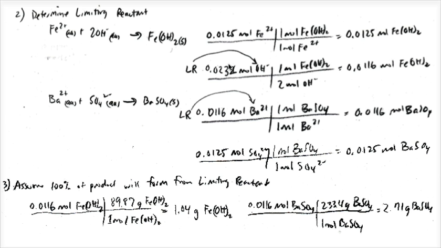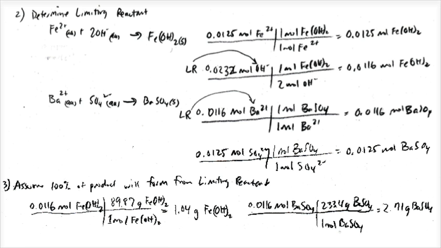The limiting reactant is the hydroxide in the iron and hydroxide reaction. The limiting reactant in the barium with the sulfate is the barium. So you can figure out how many moles of the product you should actually make from that. If you assume that 100% of the product will actually form, considering your limiting reactant, you can get masses of these substances: 1.04 grams of the iron(II) hydroxide and 2.71 grams of the barium sulfate.